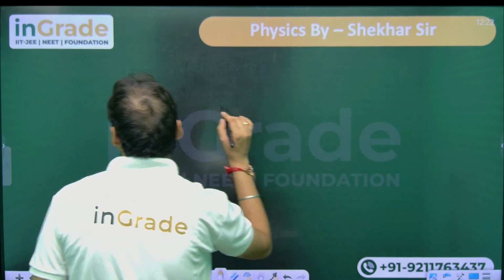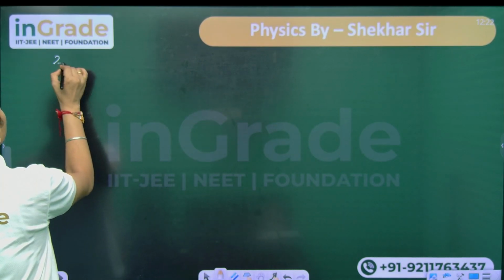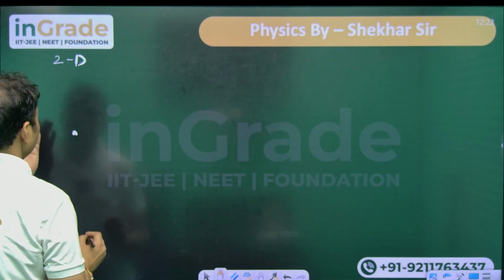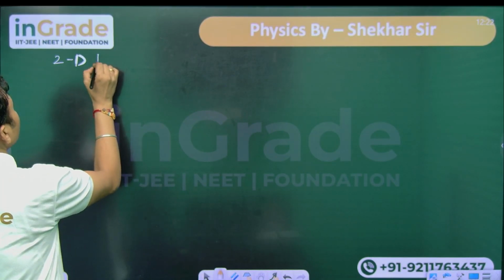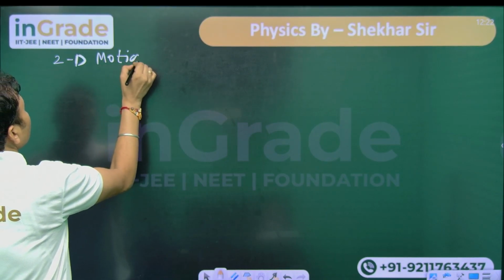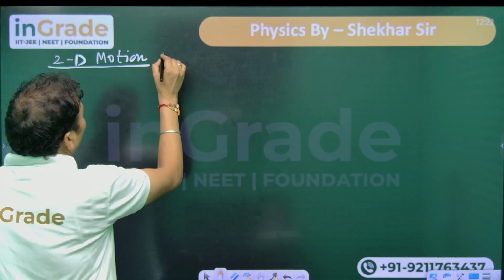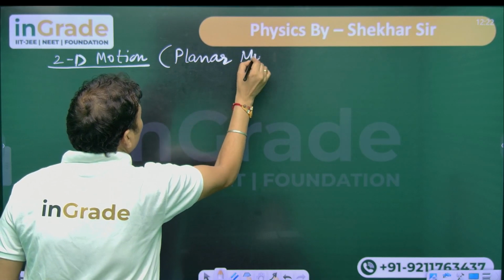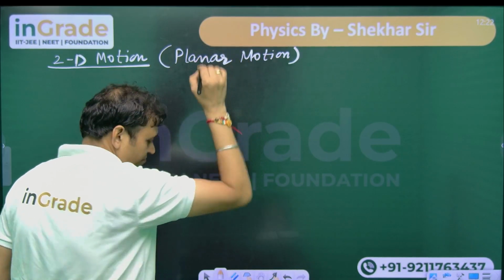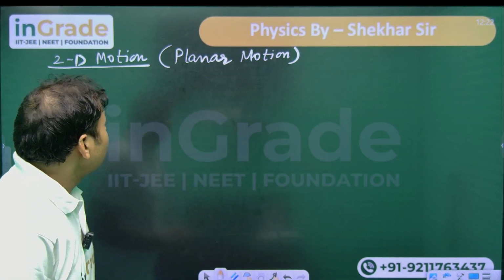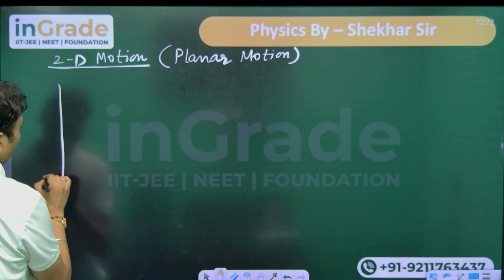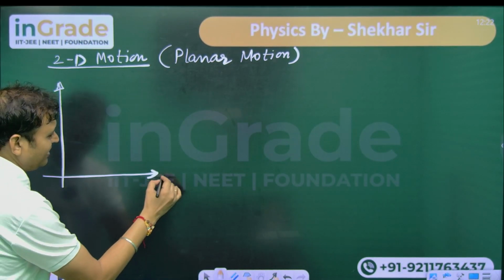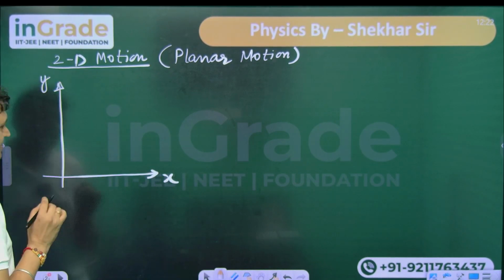If we talk about two-dimensional motion, or we can also call it planar motion, when the particle is moving in a plane. For example, if I talk about the XY plane, this is the x-axis and this is the y-axis.